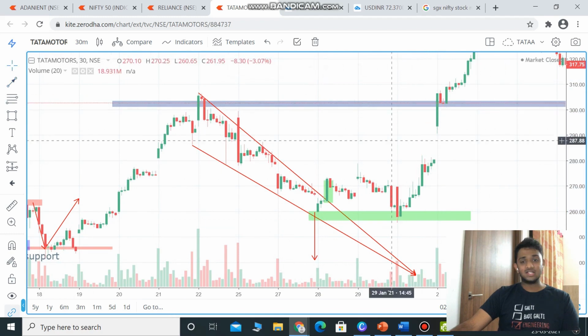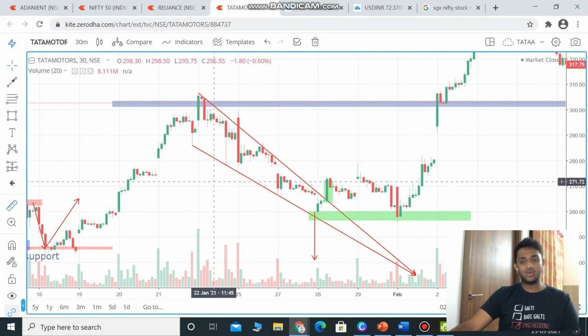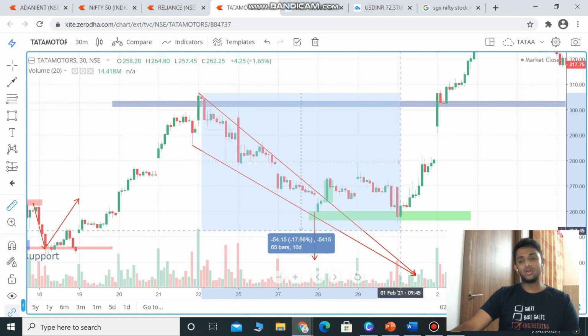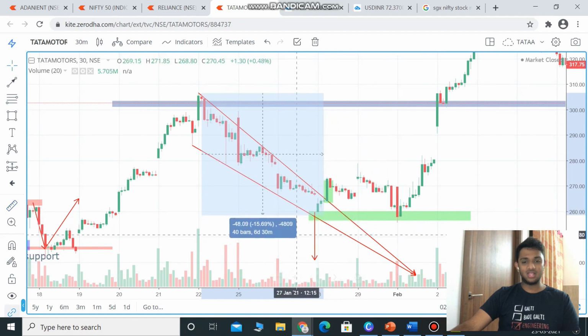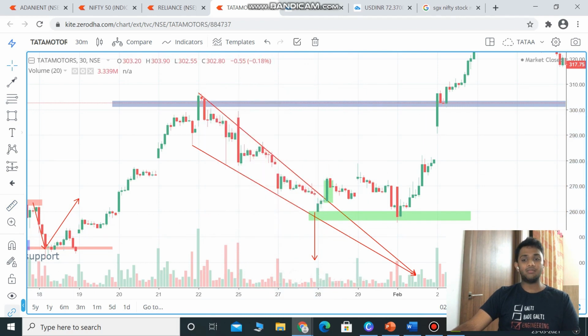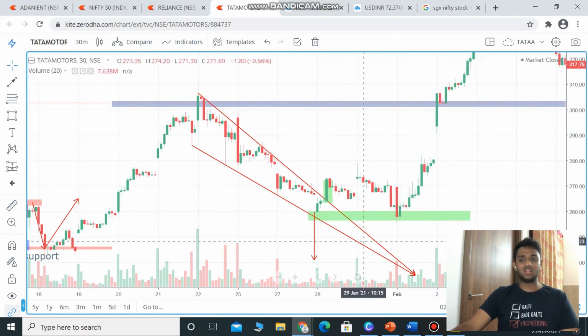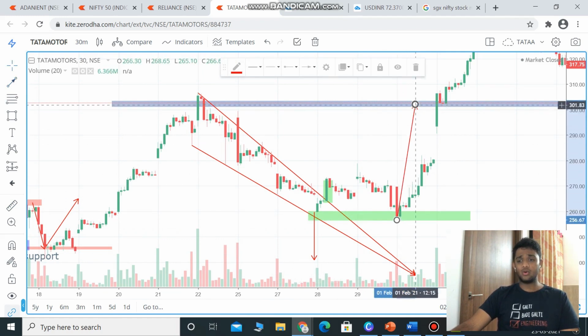What I mean by that is, from this point to this point, there are 40 bars, 40 candles seen, but when you start seeing the bullish candle, there are hardly 13 candles. So when it breaks out, it will go till the last resistance, or to where the trend has started.